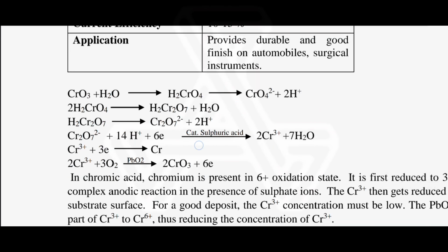Cr2O7 2 minus plus 14H plus plus 6e minus, with sulfuric acid as catalyst, gives 2Cr3 plus plus 7H2O. Cr3 plus plus 3e minus gives Cr. At the anode, Cr3 plus and 3O2 are regenerated as PbO2 gives 2CrO3 plus 6 electrons.